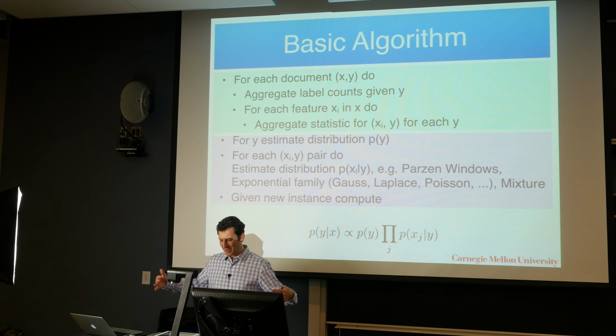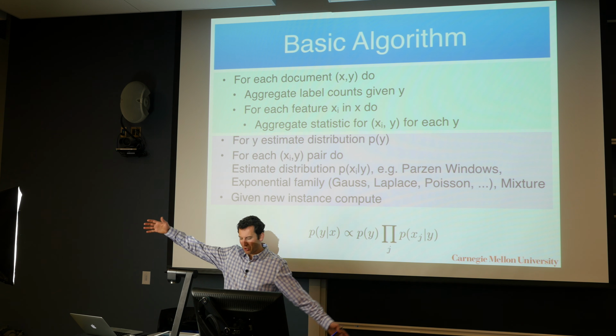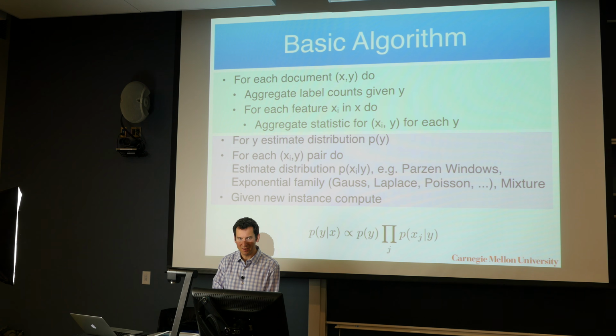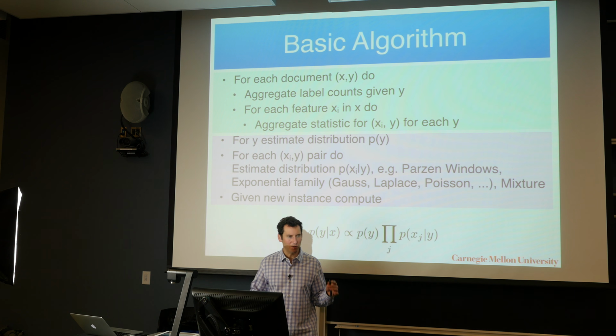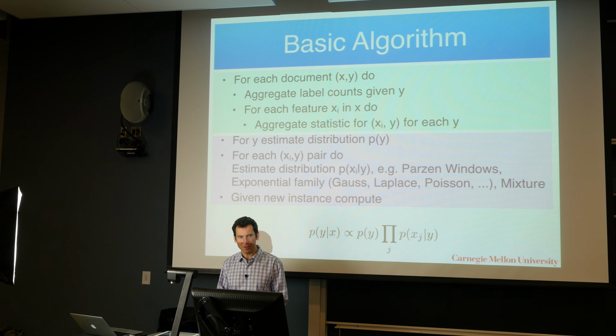Then for the y's, I just estimate the probability p of y. That's basically ham or spam. And then I just now need to merge all the documents in order to get something. And I might, for instance, if I have a continuous distribution, use something like Parzen windows, which we will get to in a few lectures, or use an exponential family estimate or whatever. And then I can just happily go away.